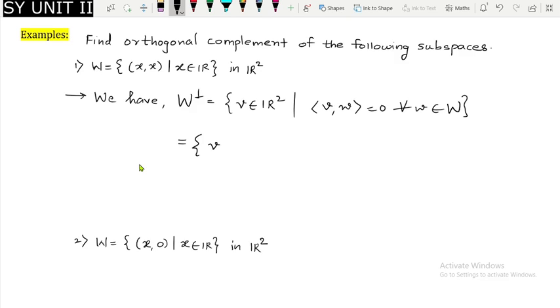Let v be equal to x comma y belonging to R2 such that the inner product of v with w is equal to 0 for all w belonging to W.